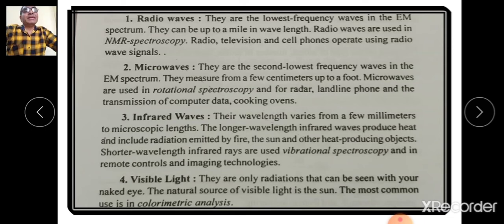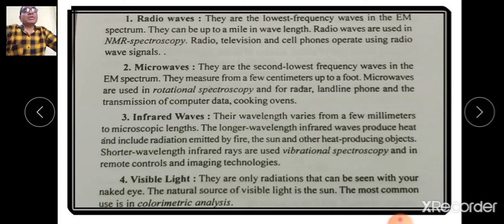The second variety is microwaves. They are the second lowest frequency waves in the electromagnetic spectrum. They can have the length 10 raised to 8 to 10 raised to 5 nanometer, but energy is quite increasing, 10 raised to minus 4 to 10 raised to minus 2 kilocalorie.